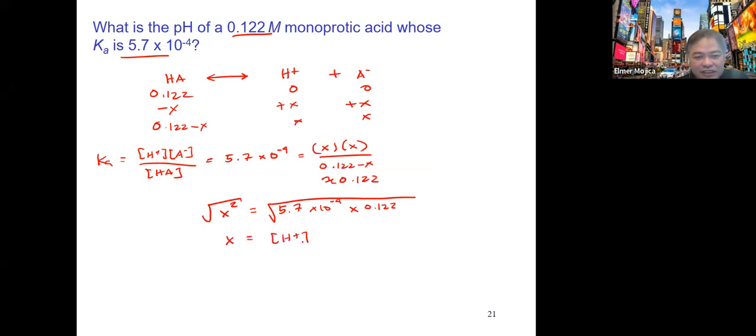X equals H plus. What is the X value? It's 0.083.